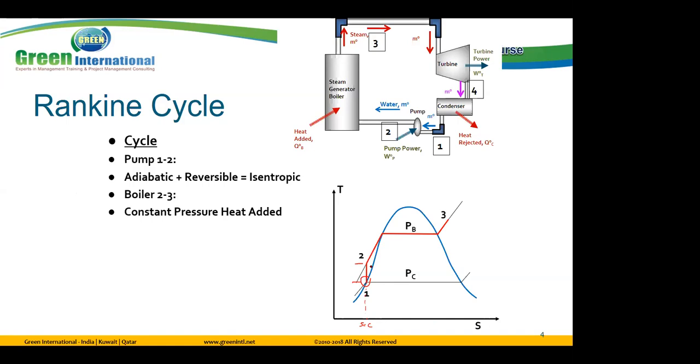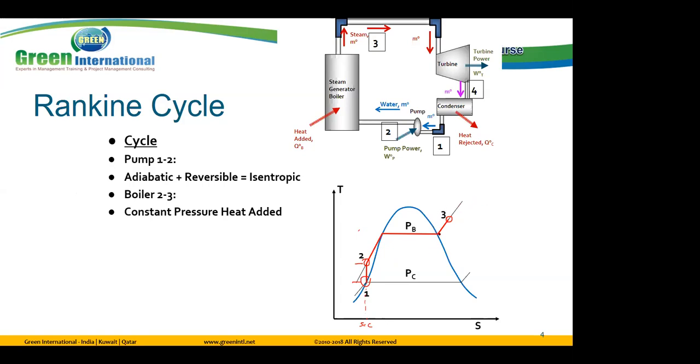Boiler: constant pressure, heat added from point 2 to point 3, point 2 here, point 3 here. From this point to this point is the superheated area.